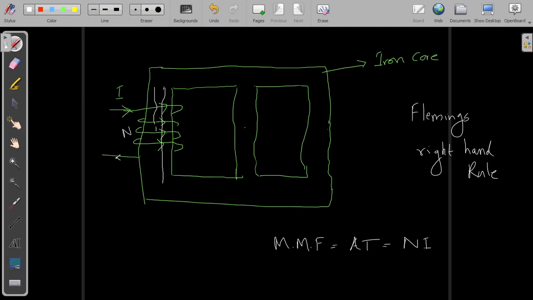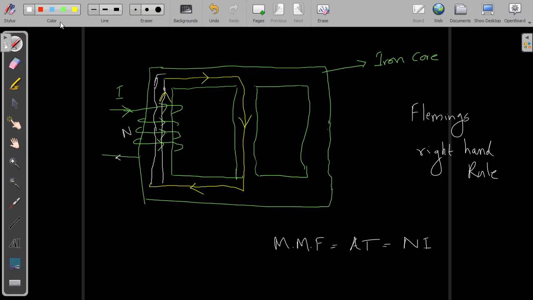I'm considering only two flux lines like this. And these two flux lines actually have two paths to flow. One path is, it can complete the path like this, in this manner.